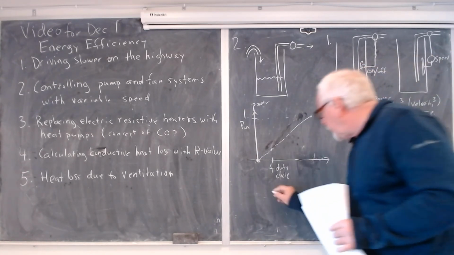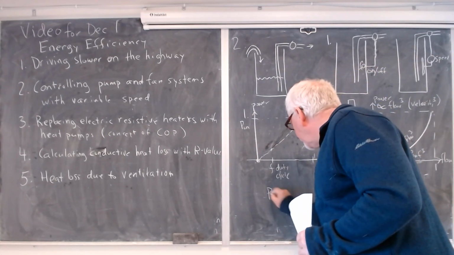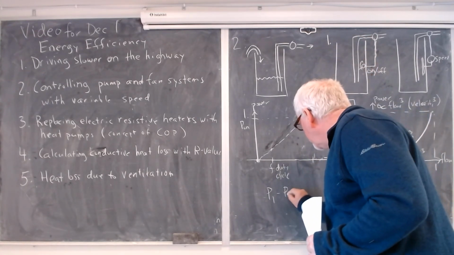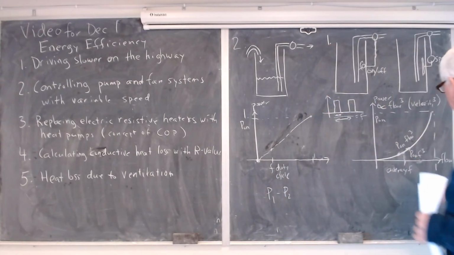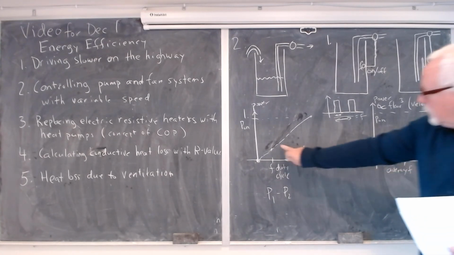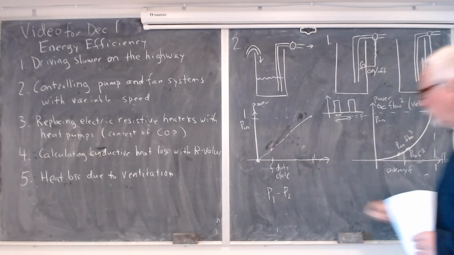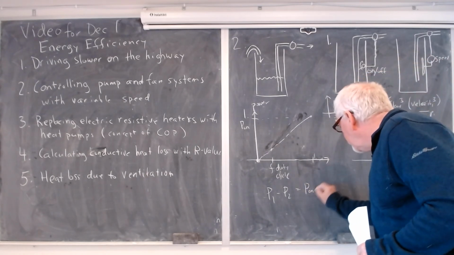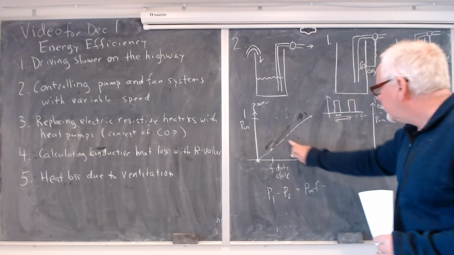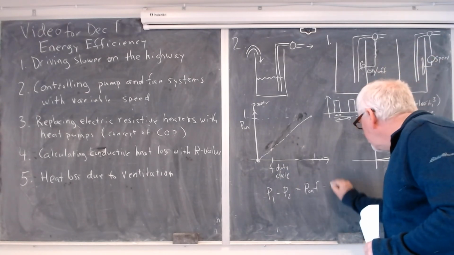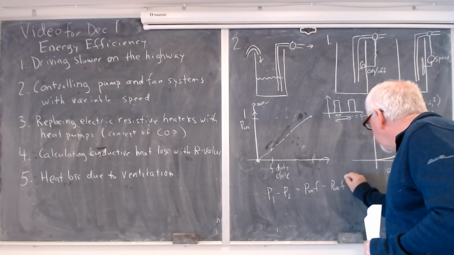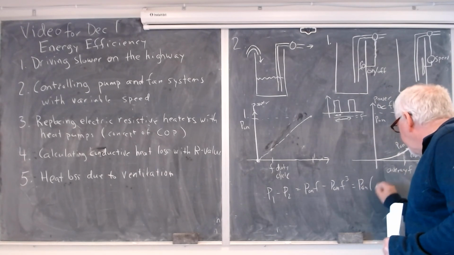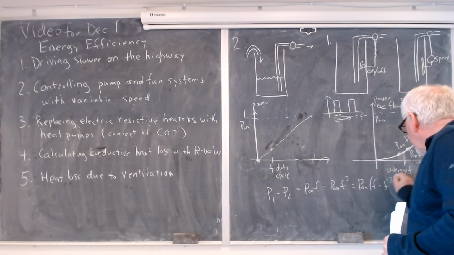So the power, so P1, or let's call it P2, or yeah, P1 minus P2, and you can sort of just see you're going to go down, is equal to P on F, that's this one, minus P on F cubed, or P on times F minus F cubed.